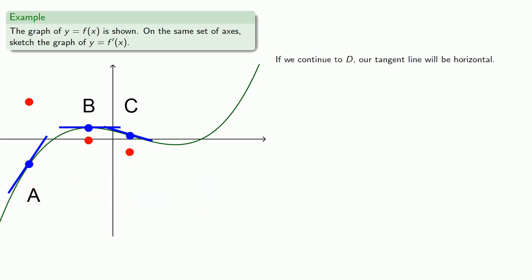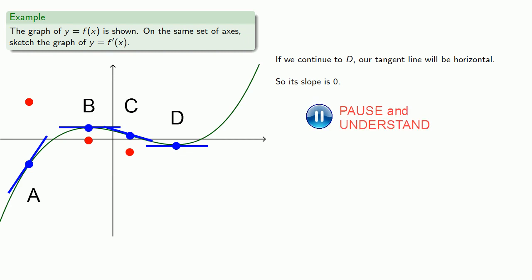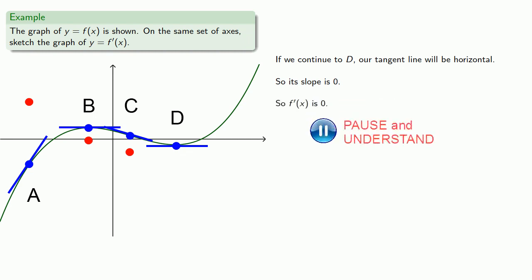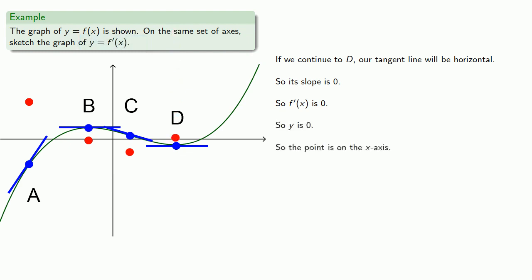And if we continue on to D, our tangent line will be horizontal, so its slope is 0. So f prime of x is 0. Equals means replaceable, so y is 0. And so the point is on the x-axis.